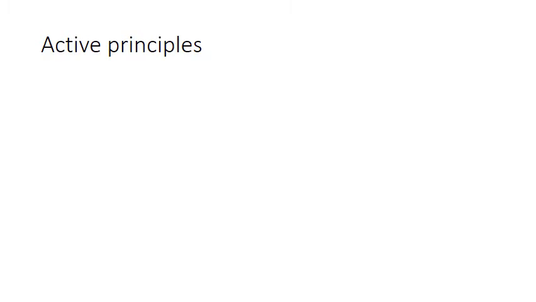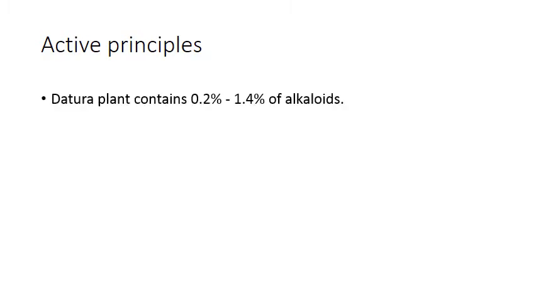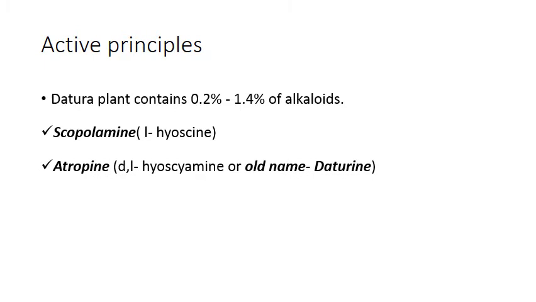Coming to its active principles, the Datura plant contains about 0.2 to 1.4% of alkaloids. Now you may be wondering, what are these alkaloids? What is the name of these alkaloids? The first one being scopolamine, also called L-hyoscine. The second one is atropine. The other names are the DL isomer of hyoscyamine, or the old name daturine.